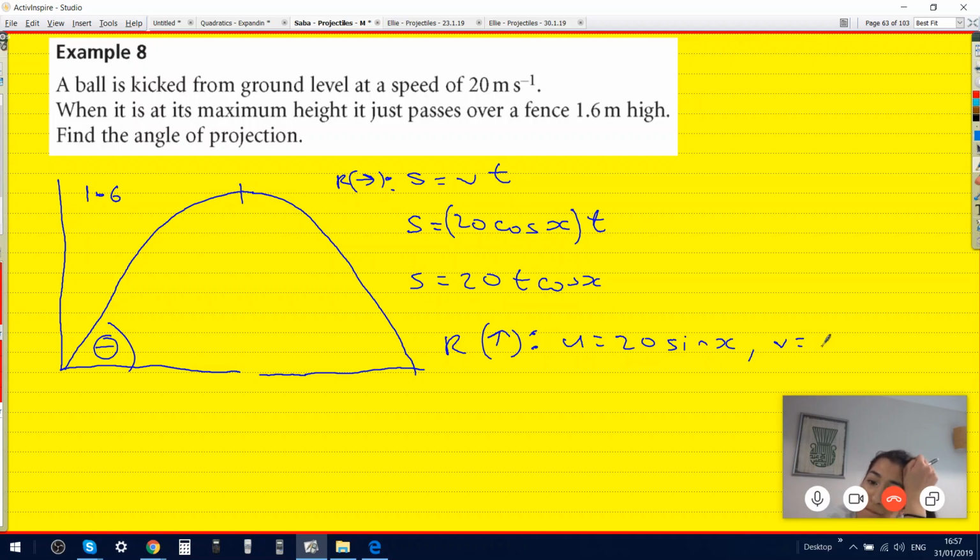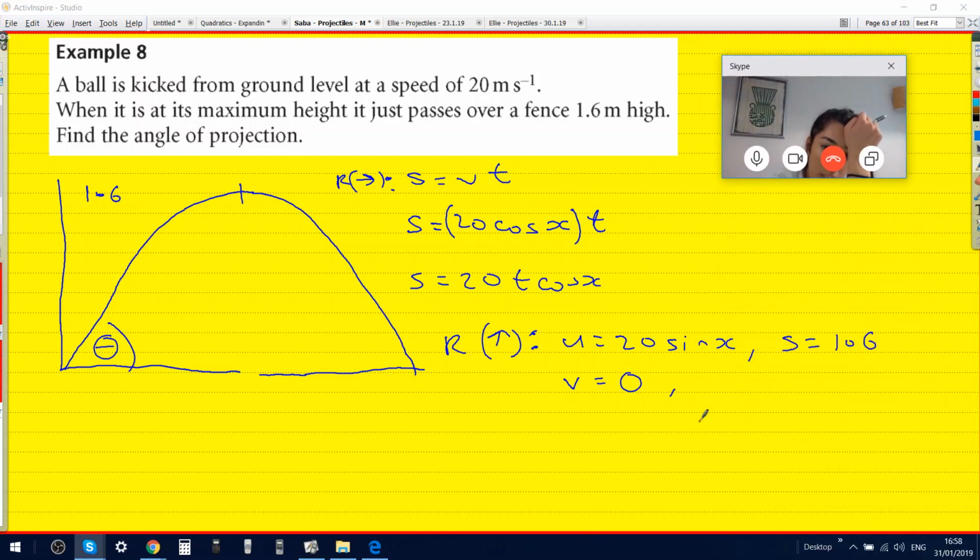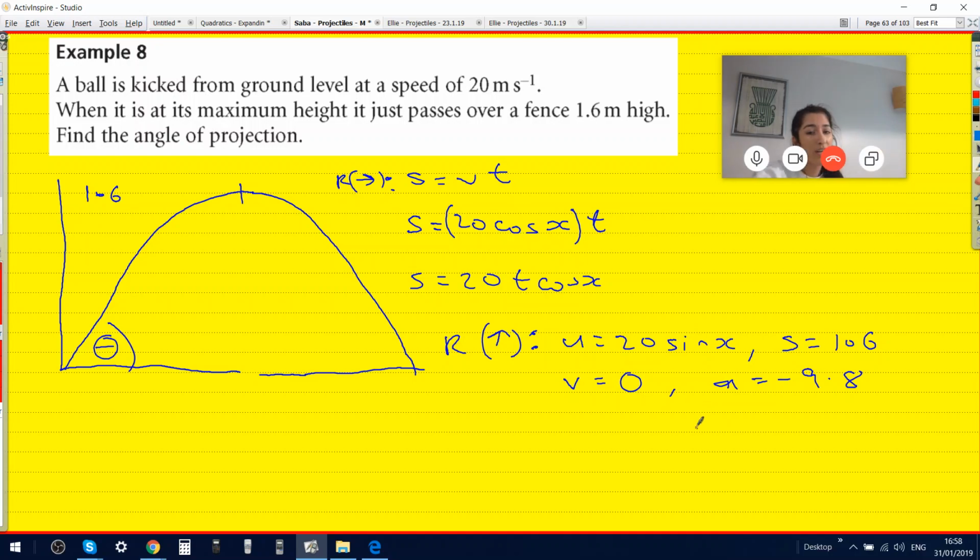Oh, V is 0. And is there anything else we know? Yeah, there is. Acceleration, minus 9.8. And then t we don't... Well, t technically we could find out, but not really because it's just half of whatever it is, but we don't know what it is.